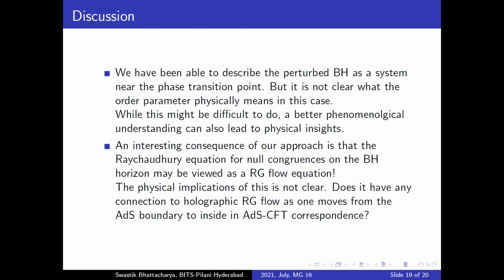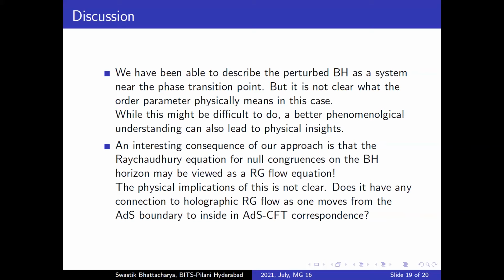And finally, a very interesting consequence of our approach is that the Raychaudhuri equation for null congruences can now be viewed as an RG flow equation. Why is that? Recall that the stationary black hole is described by a CFT, via Carlip's approach.